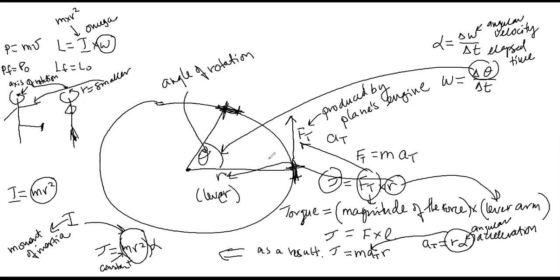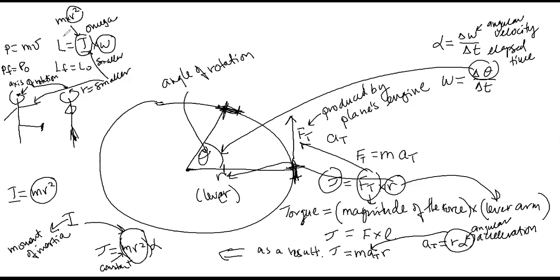And as a result, once you've got the R smaller, this becomes smaller, let's say here somewhere. So what happens to your moment of inertia here? Because moment of inertia is directly related to R squared, it's going to get smaller. Okay, so with R smaller, this will be smaller also.